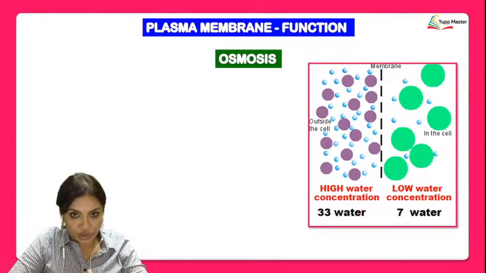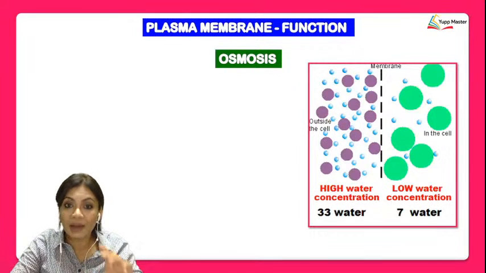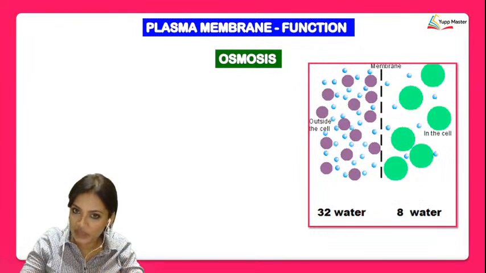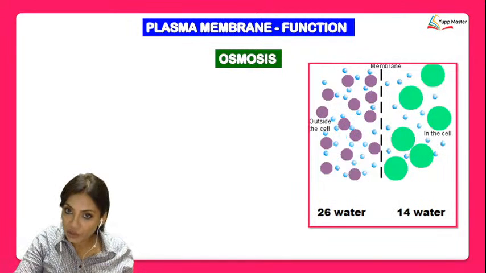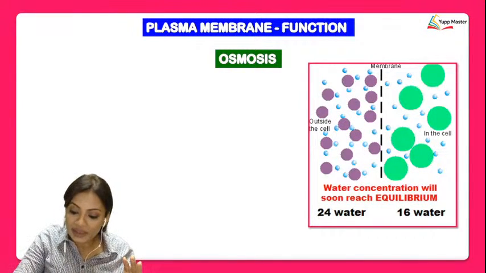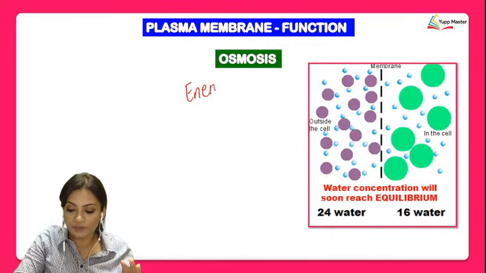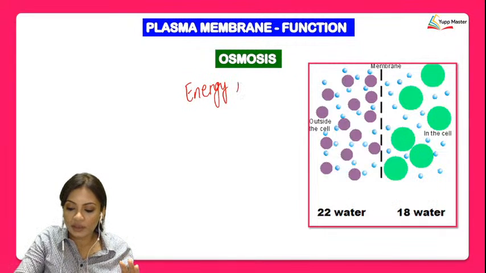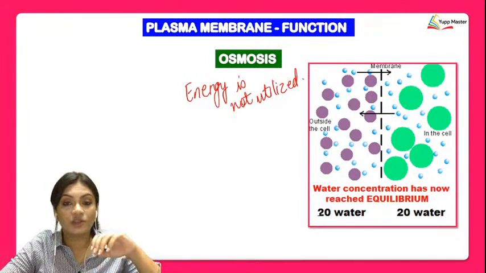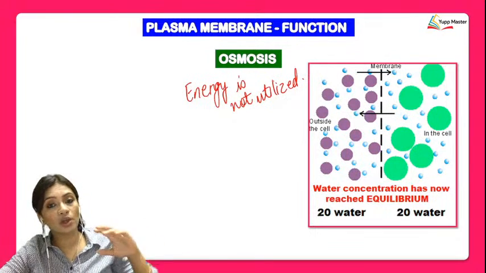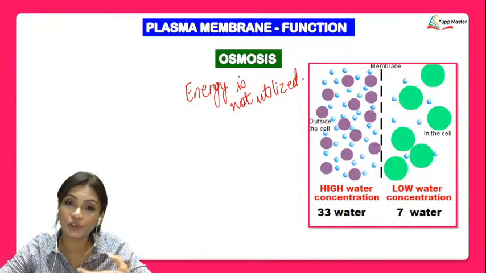Just like diffusion, even osmosis is a passive process, which means that the whole process of osmosis is not going to be utilizing any sort of energy. So energy is not utilized. When we talk about diffusion, we're always talking about the solute particles.